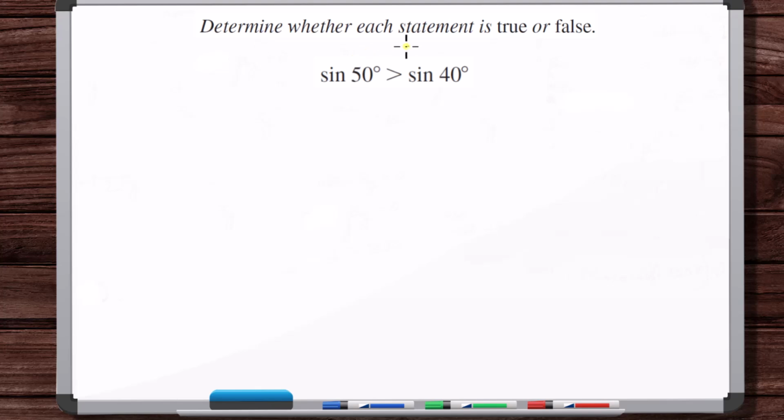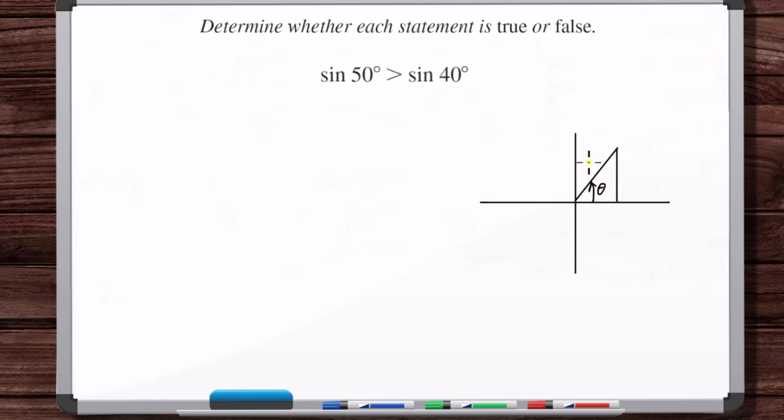Okay, determine whether each statement is true or false. Is sine of 50 greater than sine of 40? Well, we could think about this either by thinking about a right triangle or using the general definition. To me, the general definition is easier. So we've got an acute angle here.